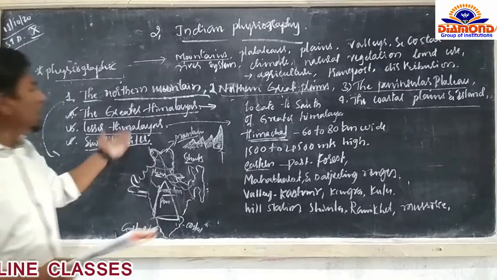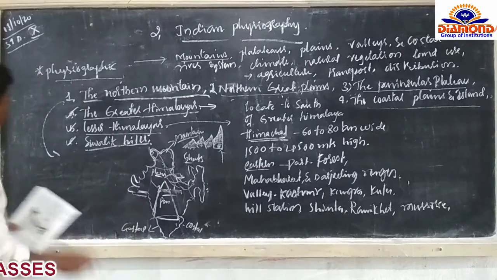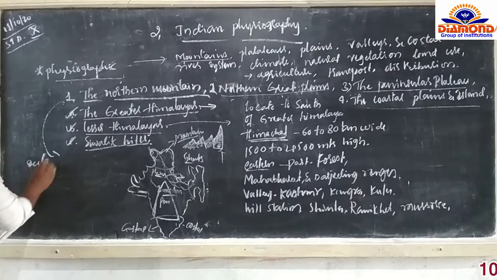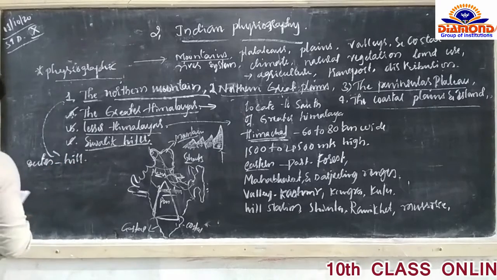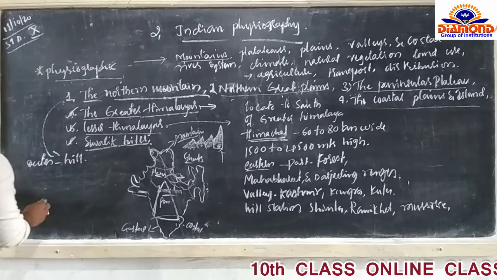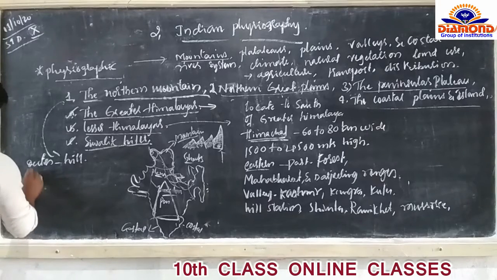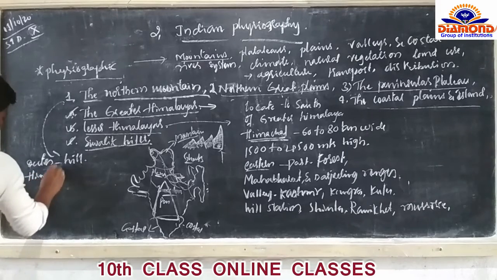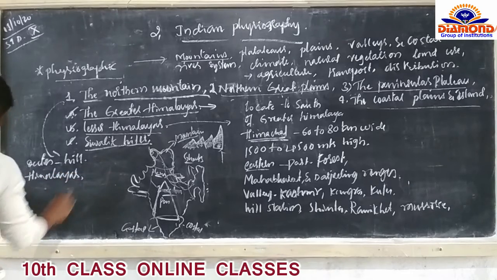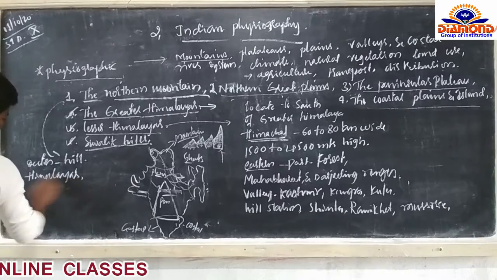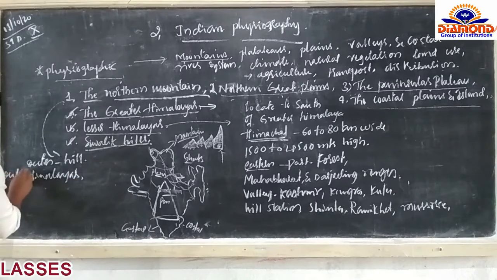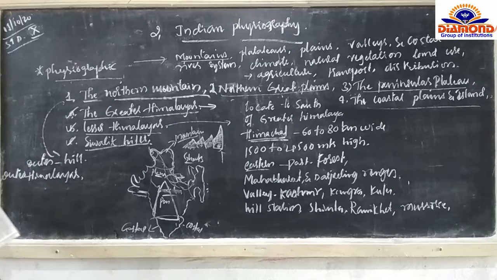They are called the outer hills, and also the foothills of the Himalayas. Therefore they are also known as the outer Himalaya, because of its hill stations.